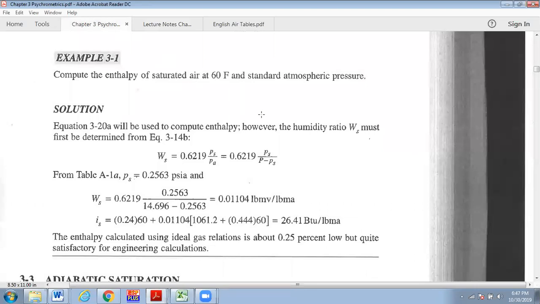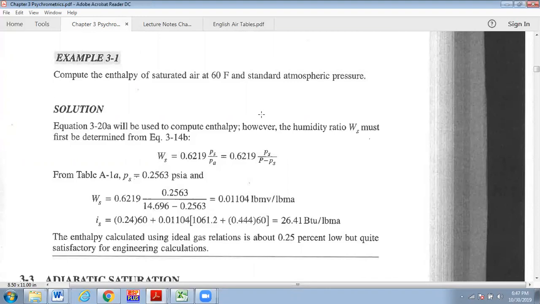Not that one. Let's go back to this one. Okay, it's really good as you study and prepare for the test to go back and study these examples. These examples in here are straightforward, but they're really pretty good at illustrating the use of the equations and the concepts. So let's see, compute enthalpy of saturated air at 60.